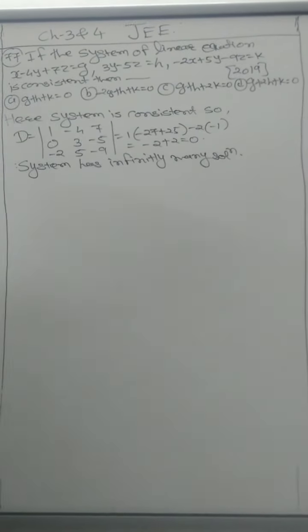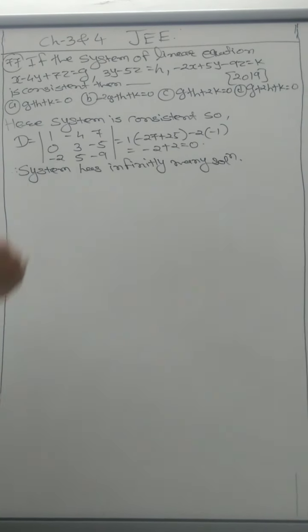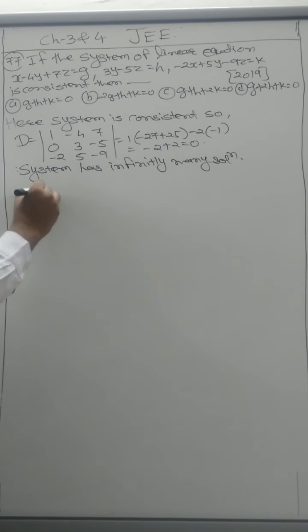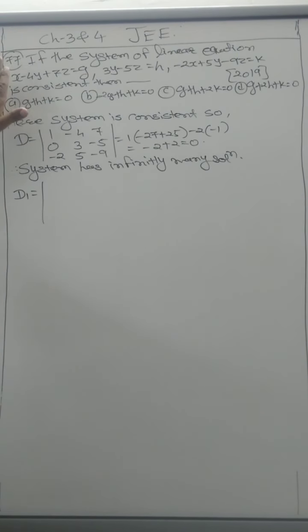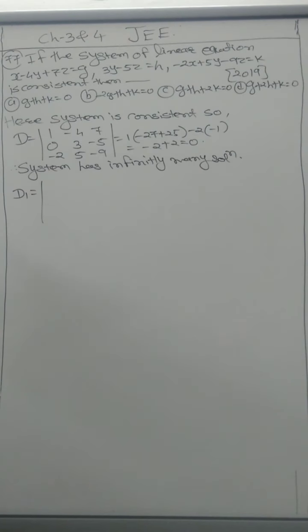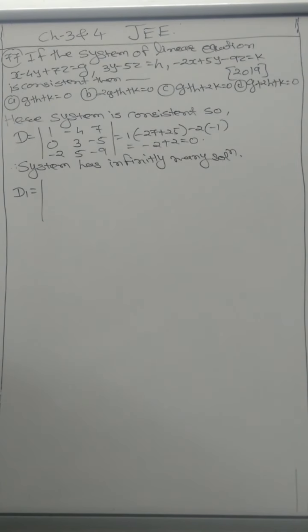Okay, now what? We take D1. D1 means we take all the coefficients and we hide the coefficient of x. So it is minus 4 7g, minus 4, 1 minus 4g.